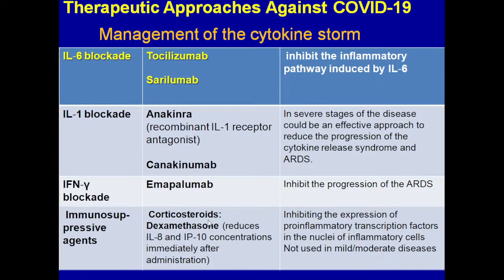Immunosuppressive agents, corticosteroids: out of all, dexamethasone is recommended because it reduces the concentration of interleukin 8 and 10 after administration. So it inhibits the expression of the pro-inflammatory transcriptional factors in the nuclei of inflammatory cells. And it is not supposed to be used outside the hospitals in mild and moderate diseases.